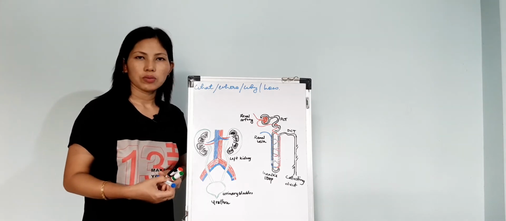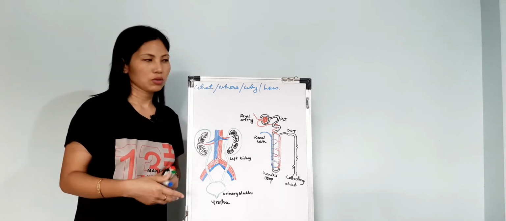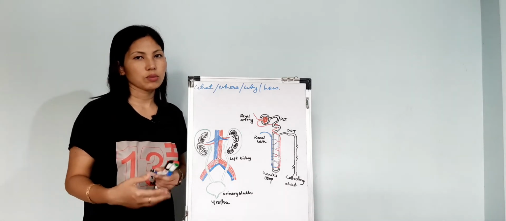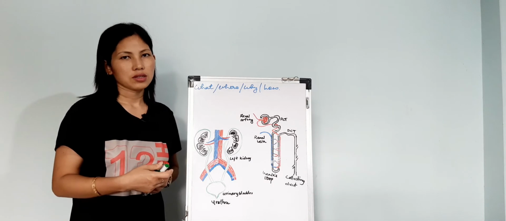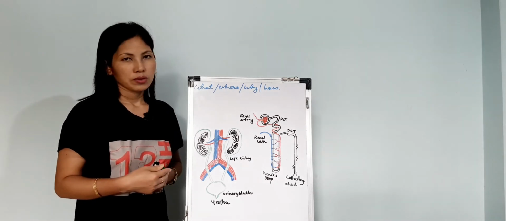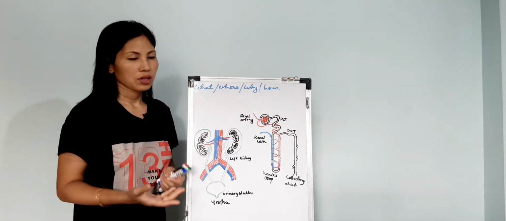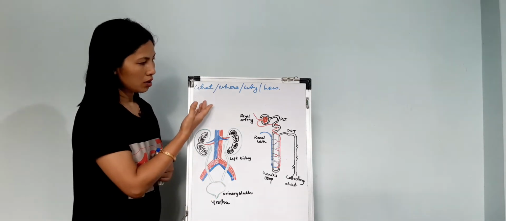So this needs to be removed from the body. That is why the blood needs to be filtered from time to time with the help of the excretory system. So this is about the excretory system: what, where and why.